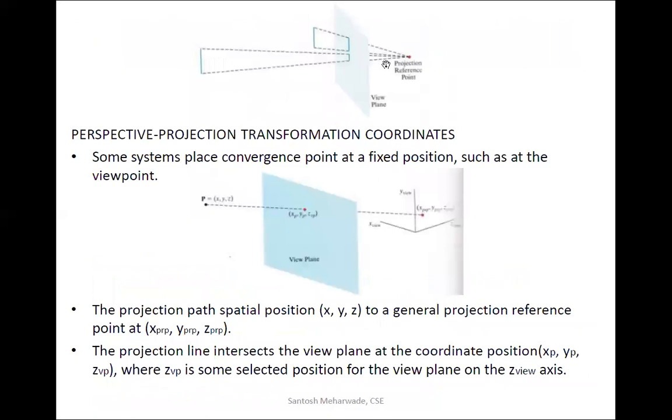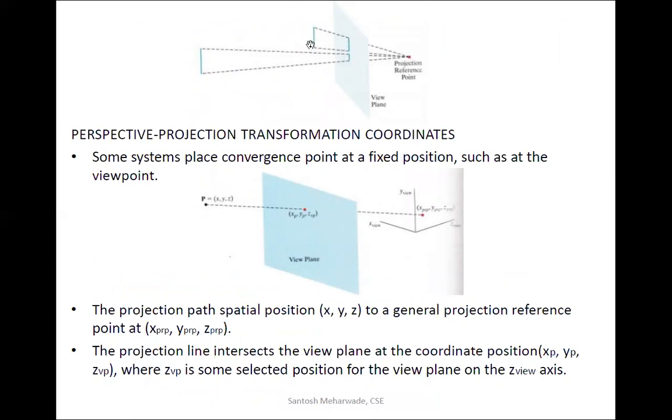See here, this is the view plane. If this is the object, which is nothing but a line, and it is near to the view plane, then its image can be somewhat bigger. So the viewer, in central projection, will perceive that this particular line is bigger.